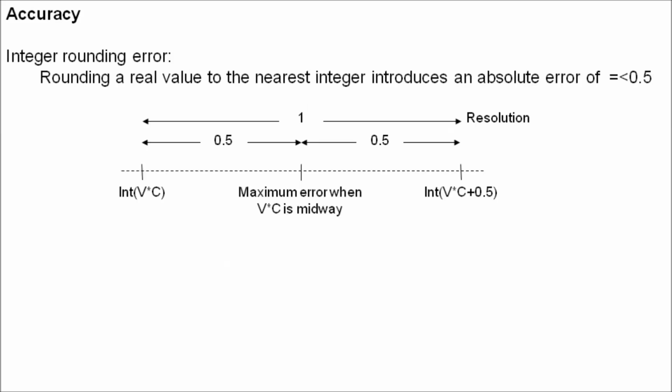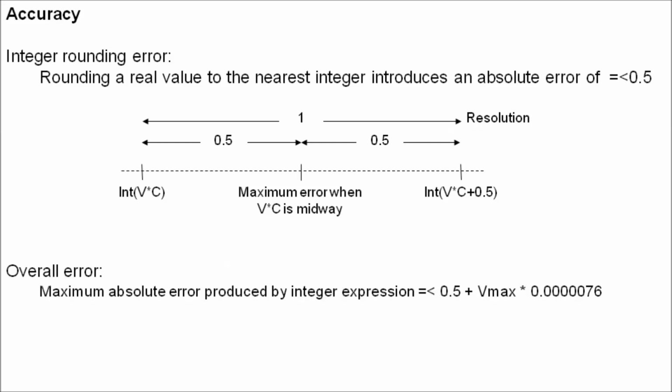In addition to the constant conversion error, there is also the integer rounding error, which occurs when the result is rounded to the nearest integer. This can introduce an error of up to 0.5 compared to the real result.